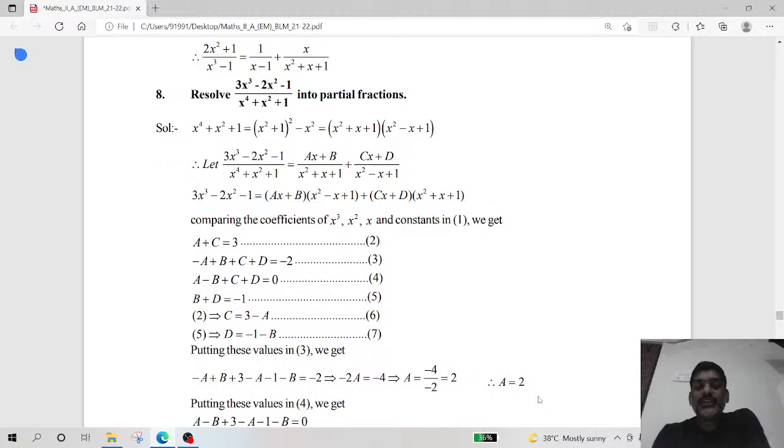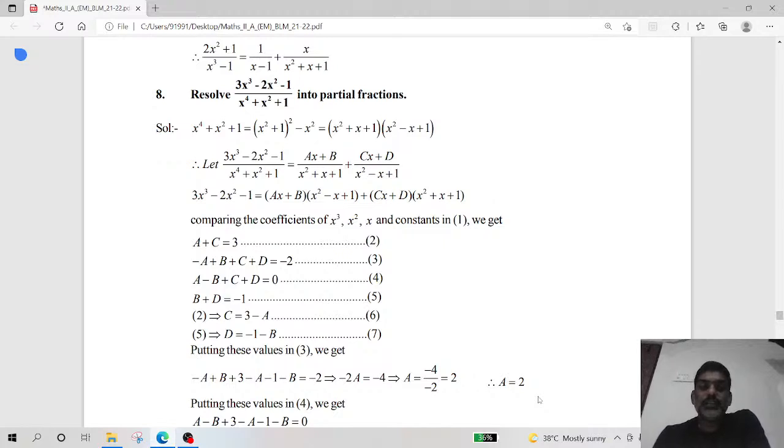Further factorization is not possible, so we can split the fraction as ax plus b divided by x square plus x plus 1, plus cx plus d divided by x square minus x plus 1. So we get ax plus b times x square minus x plus 1, and cx plus d times x square plus x plus 1.